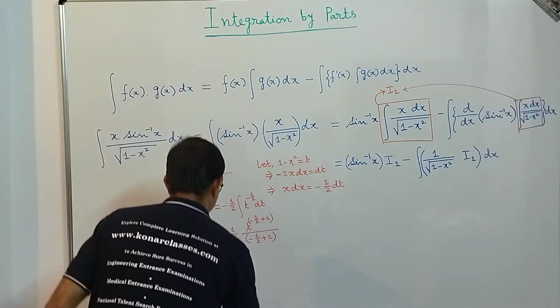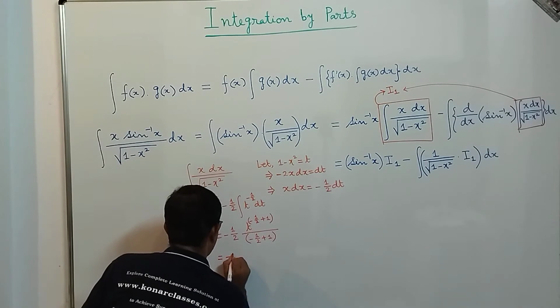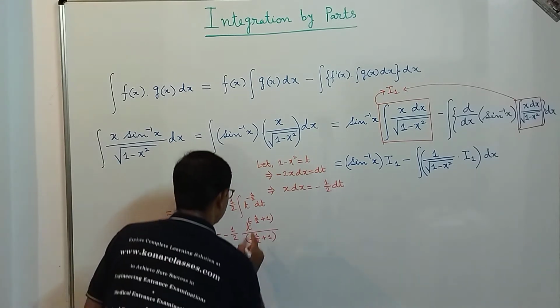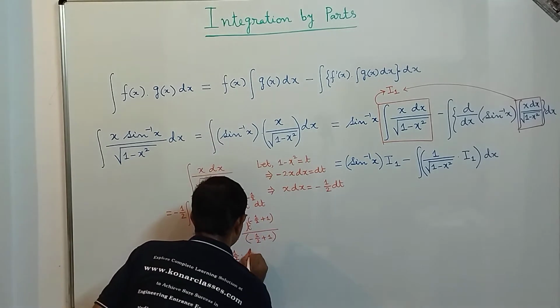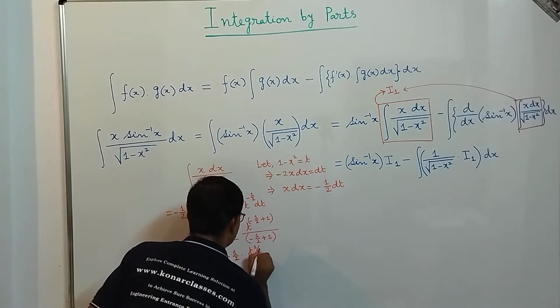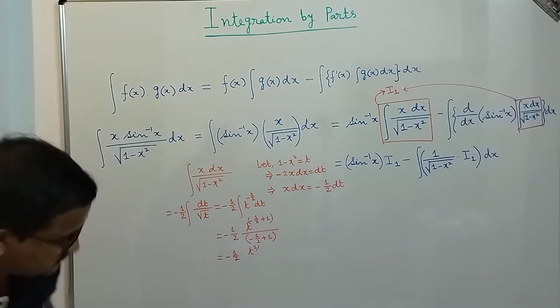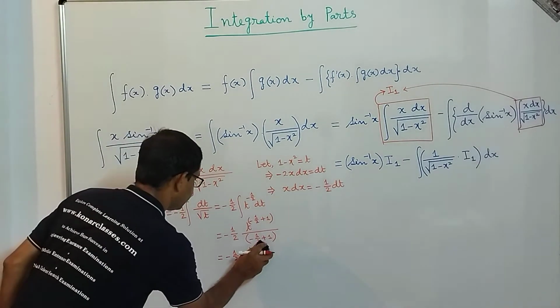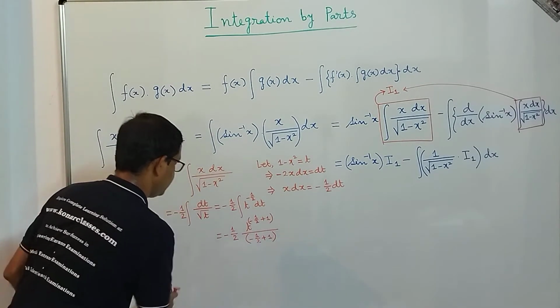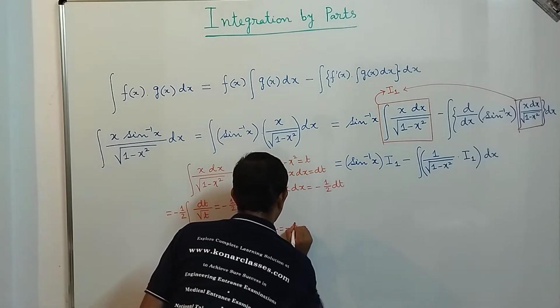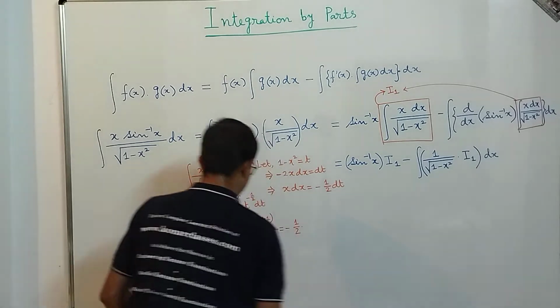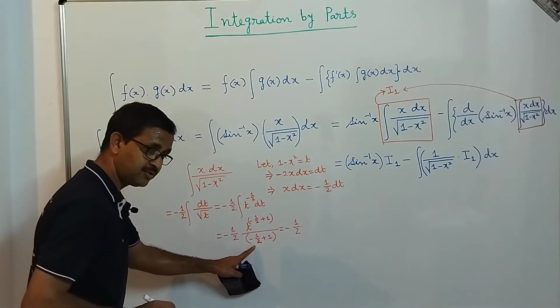So what we get here, dear students, is equal to minus 1 by 2 into t to the power plus 1 minus 1 by 2, so that means t to the power 1 by 2. So let me write clearly. That is equal to minus 1 by 2 and plus 1 minus 1 by 2, that is 1 by 2.